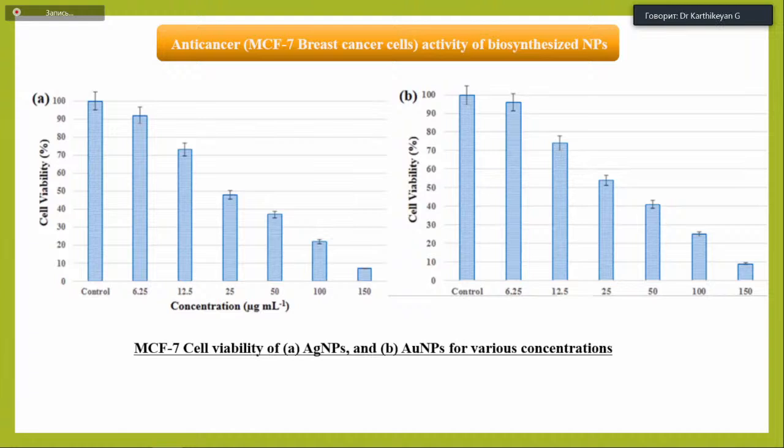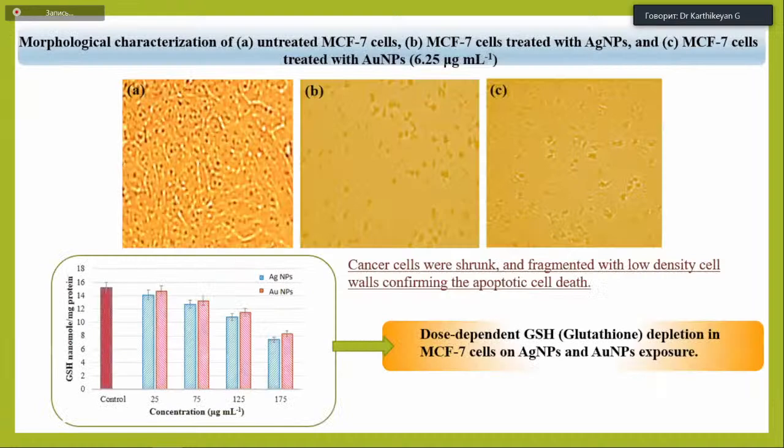Gold nanoparticles were a little better than the silver nanoparticles across various concentrations. In morphological analysis under the microscope, the mechanism involves increased reactive oxygen species, restricting the cancer cells from dividing and growing.